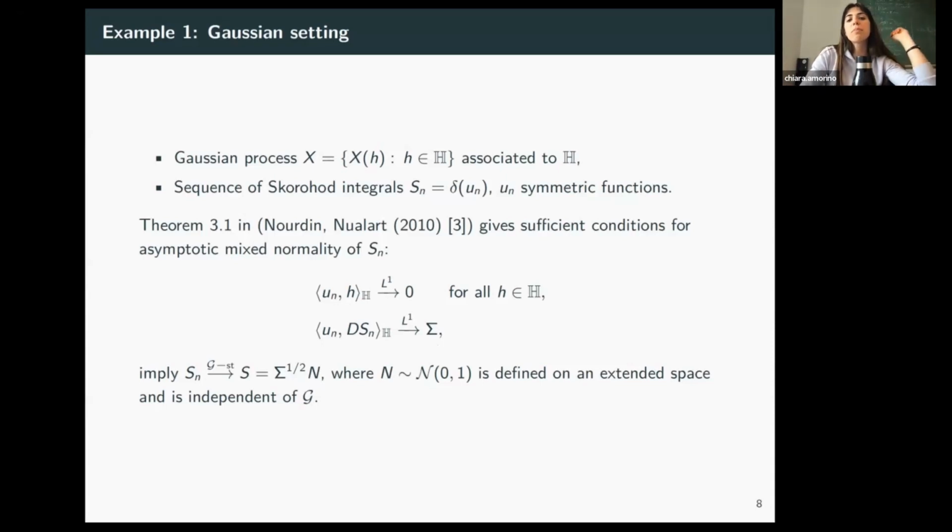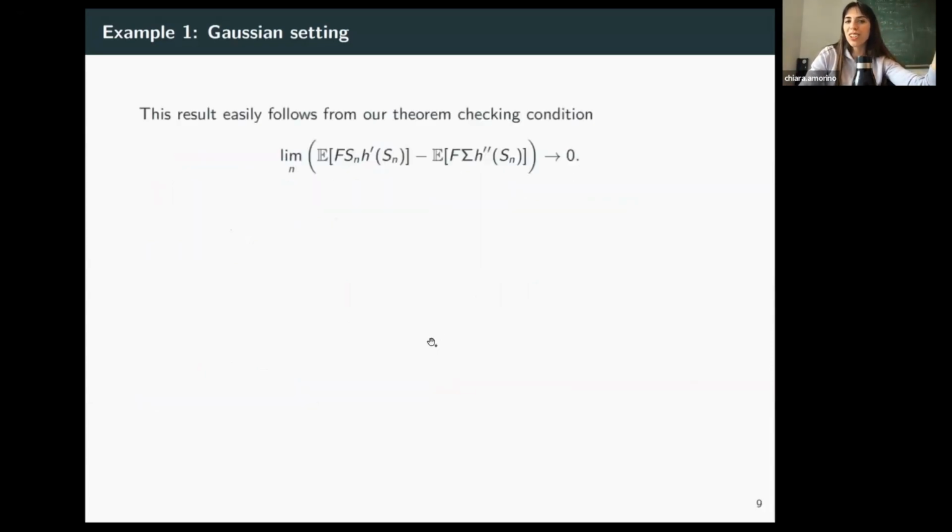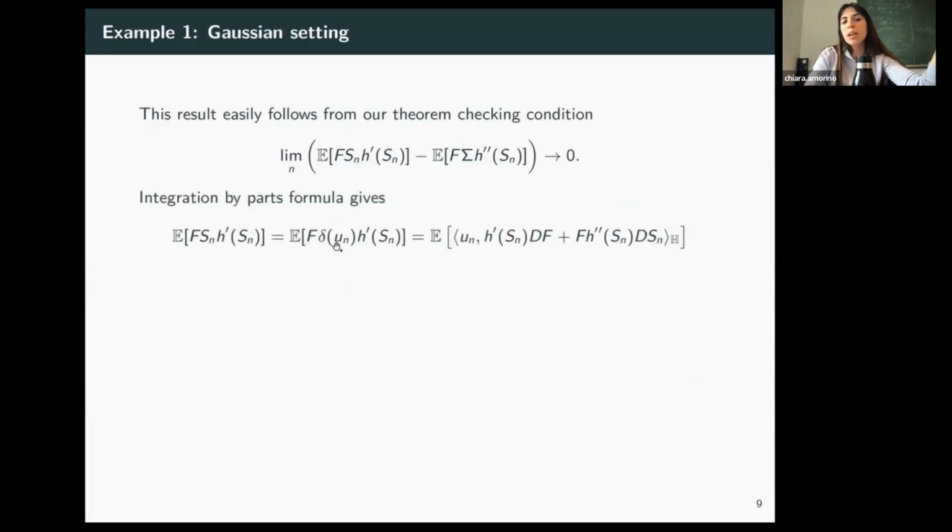And using this, the proof of our criterion is really short. We start with this quantity, and we have said that Sn are the Skorohod integrals. So we replace the Skorohod integral in the definition of Sn, and we just use integration by parts.